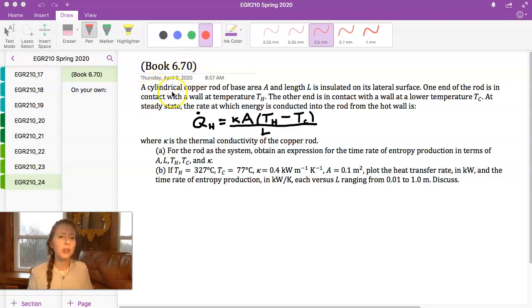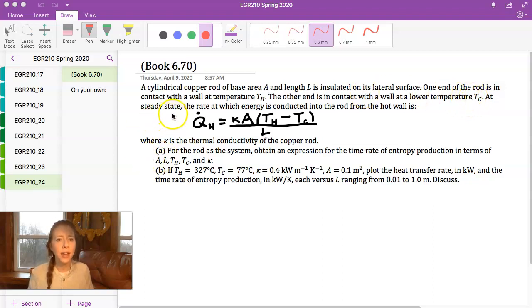It says a cylindrical copper rod of base area A and length L is insulated on its lateral surface. One end of the rod is in contact with a wall at temperature TH. The other end is in contact with a wall at a lower temperature TC.